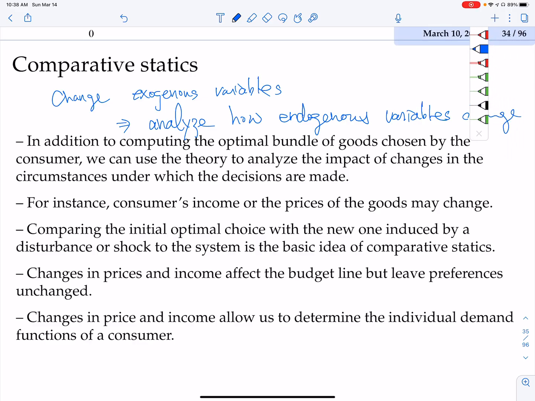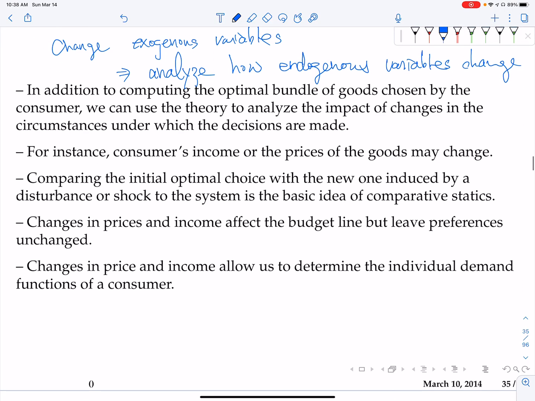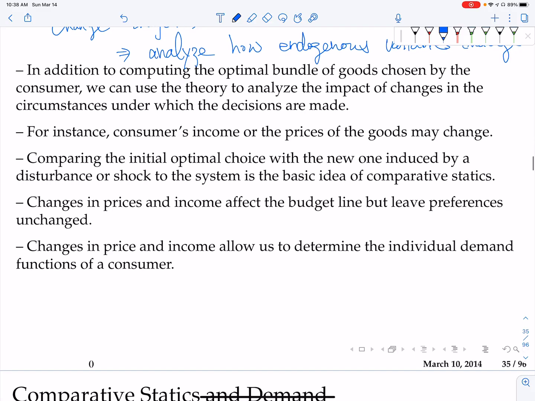That's going to be something we're going to do. So in this specific context, when the price of this good changes, or when income changes, what happens to the optimal decision?